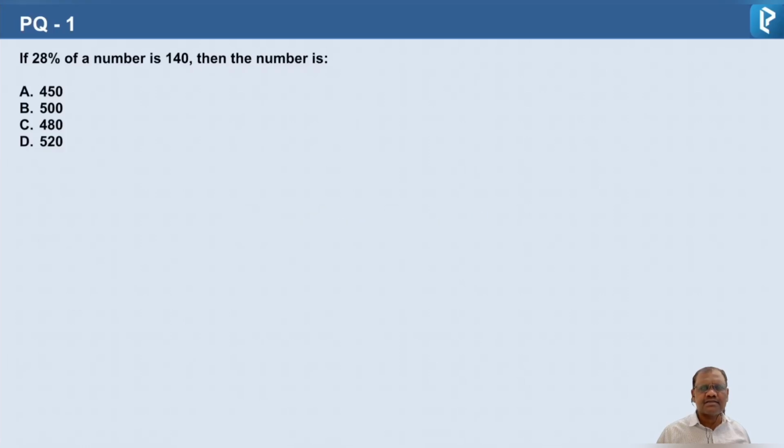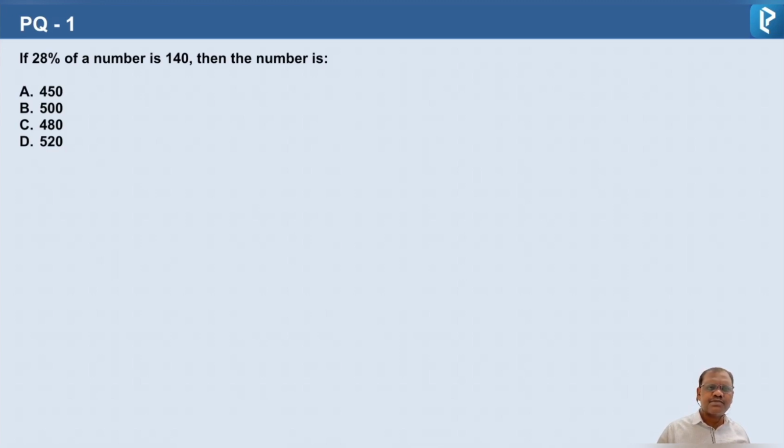Practice question 1. If 28% of a number is 140, then the number is. There are 4 options given. Option A 450, B 500, C 480, D 520.